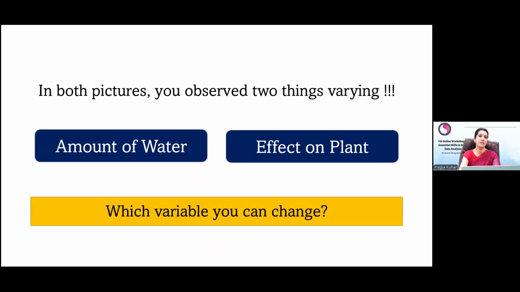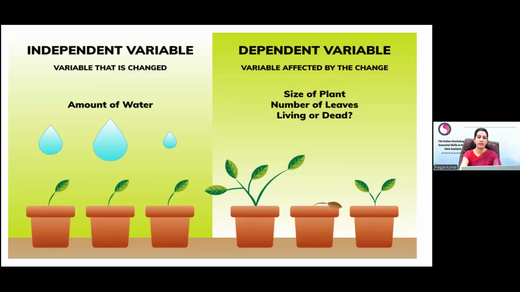Generally we can change the amount of water. Whatever we can change is known as the independent variable. And whatever we cannot change, where we want to see the change, is known as the dependent variable. So the independent variable in this case is the amount of water, and the dependent variable is the number of leaves or the size of the plant.